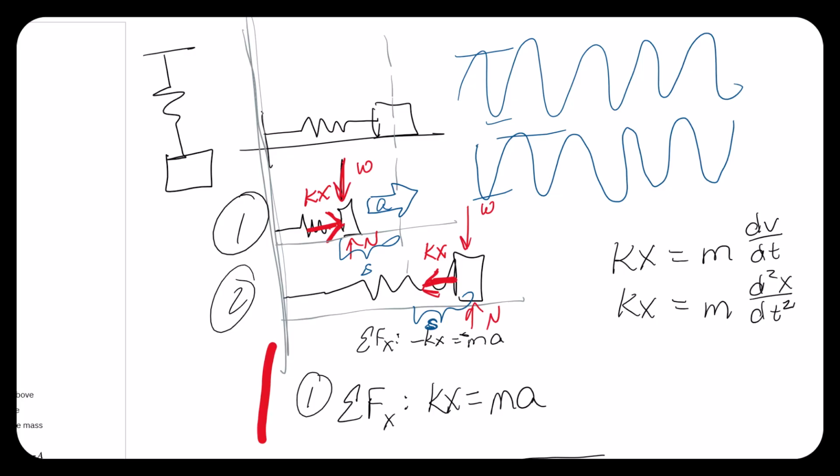So I have d squared x/dt squared, and I'm just going to say minus k over m x equals 0, and I can't remember if y'all already know how to solve this or not. Maybe not.